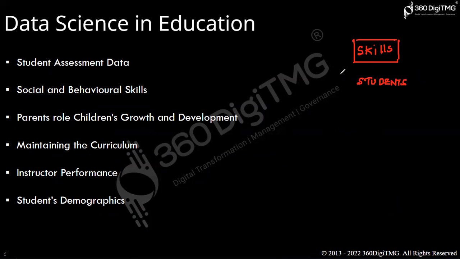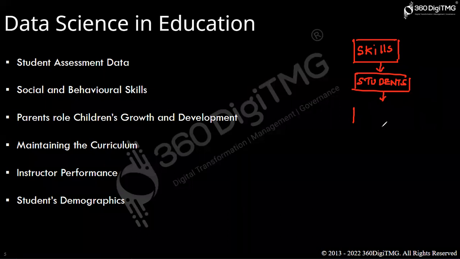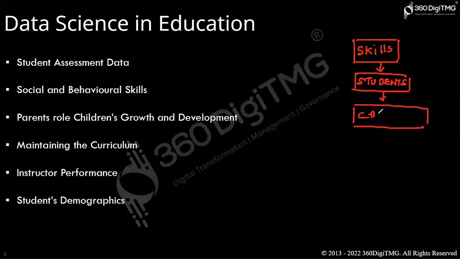We are going to analyze this data based on this. Based on the skills students have, we are going to suggest the career. So these are several things that are possible when we have data science in the education field.